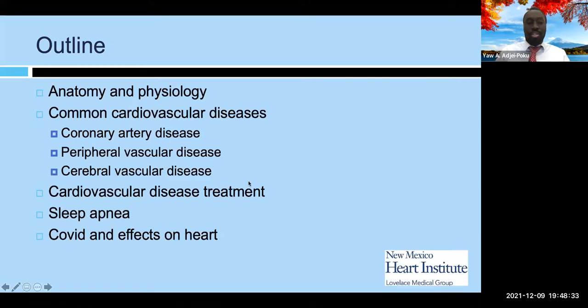We'll talk a little bit about some of the treatment options for these diseases, including evaluation that a physician might undertake. We'll talk about sleep apnea. And finally, COVID, something that is always at the forefront of all of our minds. I'll discuss a little bit about COVID and its effects on the heart.